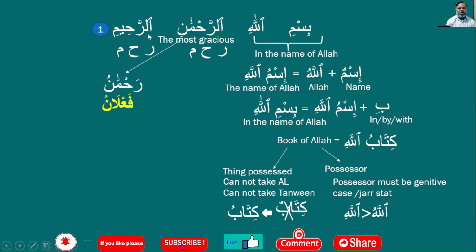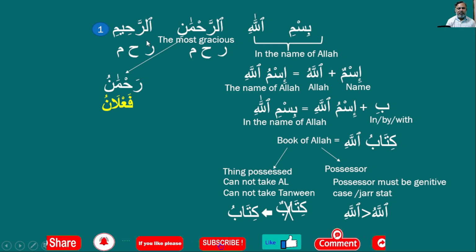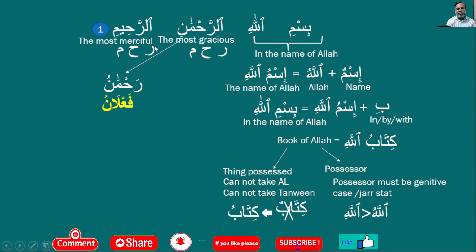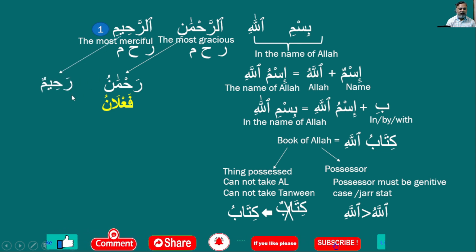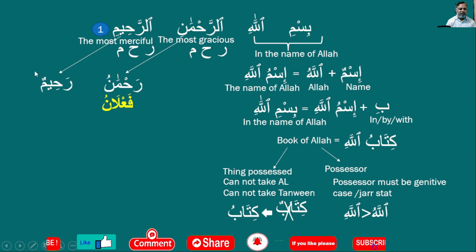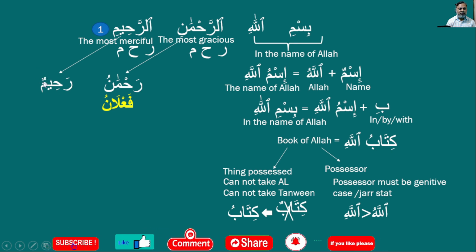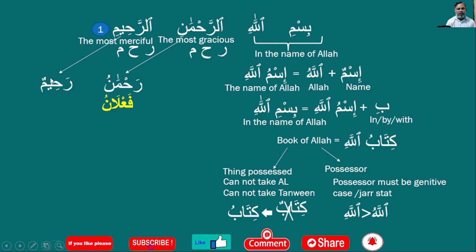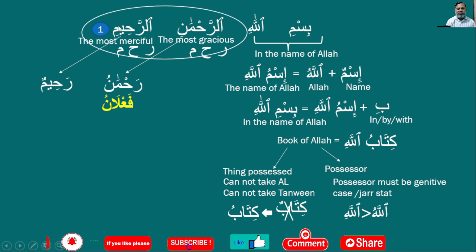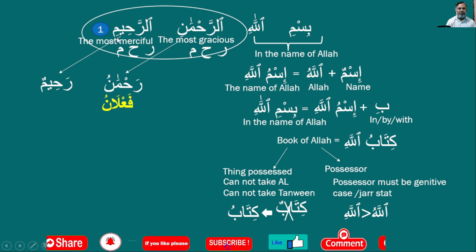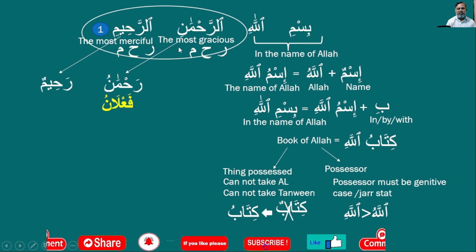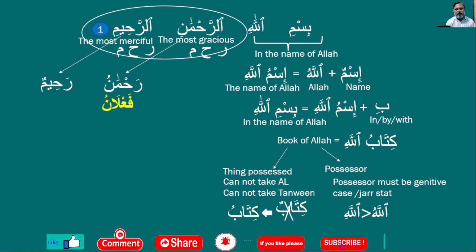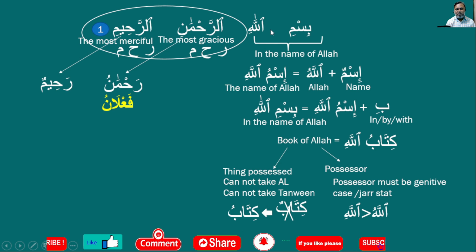Now Rahim also has been derived from the same three root letters. It means the most merciful, and the actual word is Rahimun. This is an adjective and it takes two dhammas. These two adjectives, Rahman and Rahim, describe a noun. Who is the noun? The noun is Allah.